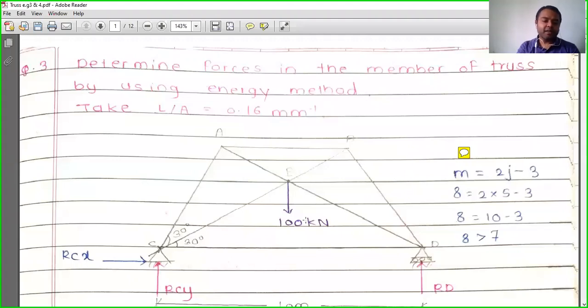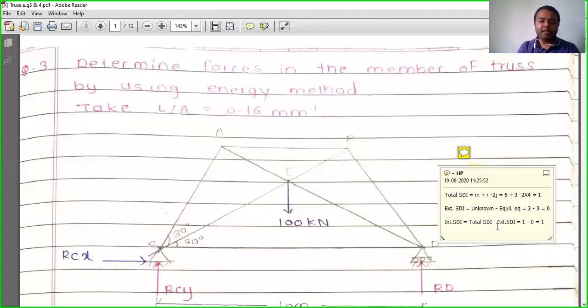That's why RCX will be equal to directly 0. As the given structure is internally indeterminate by degree 1, you have to analyze this truss as an indeterminate type of truss.